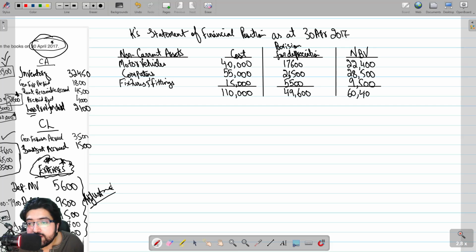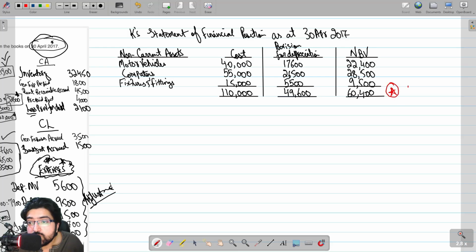The only important thing for us is the net book value. Okay? Even though we have totaled these columns, they are not of importance to us. The only important thing, let me mark this in red, is the net book value.